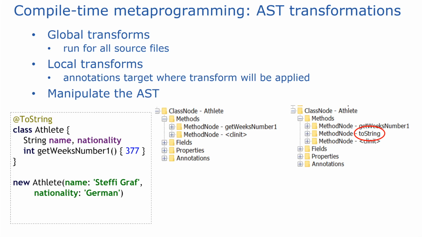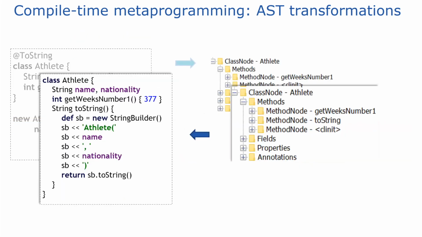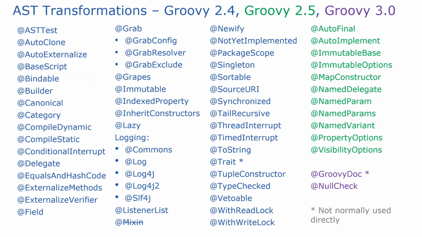There's now a toString method node, and it's slightly approximated, but it's equivalent to having written that toString method in your class yourself. In this case, it prints the class name followed by the properties we know about in the class. So that's the AST transform process.